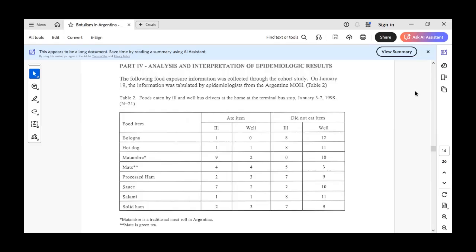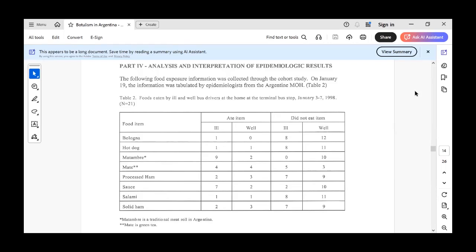And therefore, the relative risk of botulism for those who ate hot dog compared to those who did not eat hot dog would be what? 1.2. Well, 1.19, so 1.2 rounded.